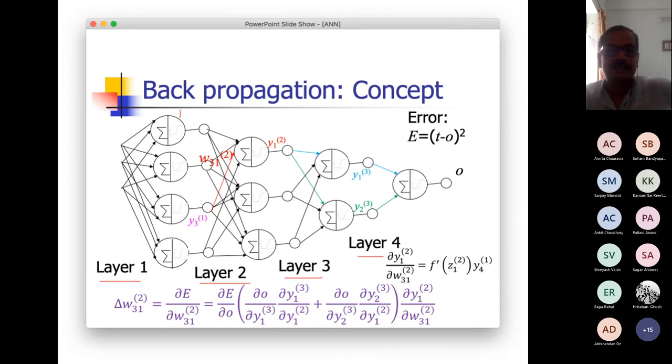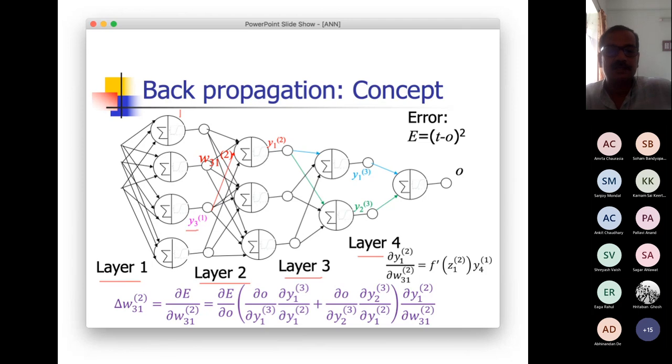And you see that this is W31, where 2 is the second layer and 3 is the third neuron. This W31 is with respect to this, the third neuron of the first layer.